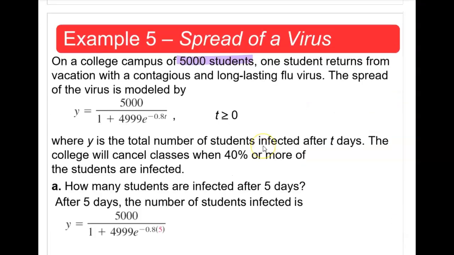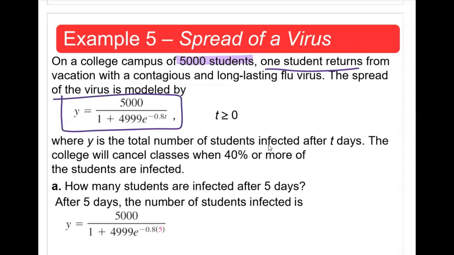So if we have a college campus that has 5,000 students, the biggest number of students that could be infected is 5,000 because you only have 5,000 students. So one student returns from vacation with a contagious and long-lasting flu virus. So the spread of the virus is modeled by, and then we have our model here.